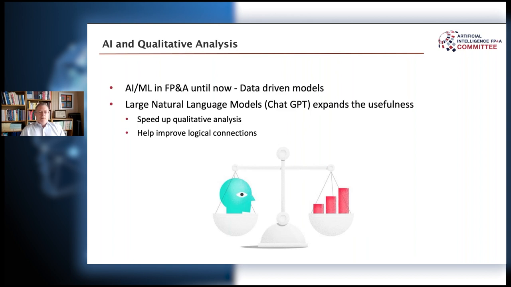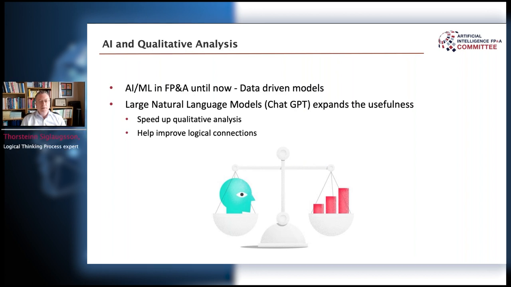So until now, we've been using explicit data for AI in FP&A. But the natural language models are going to expand very much the usefulness of this to speed up the qualitative analysis and, very importantly, to help improve logical connections.